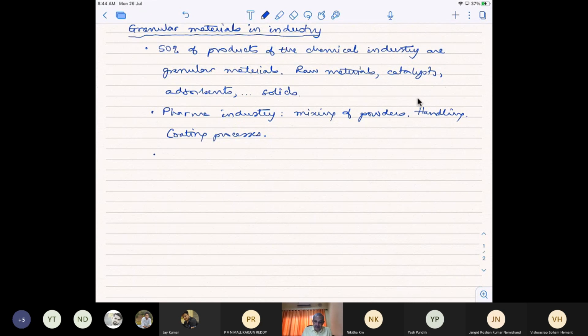And really the key thing is that the processing and handling of granular materials is very important in many industries.